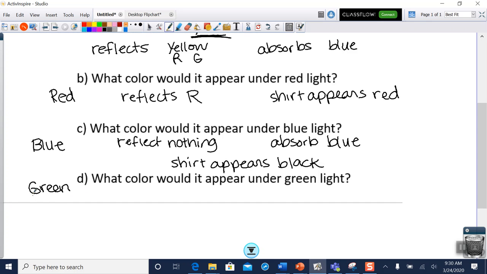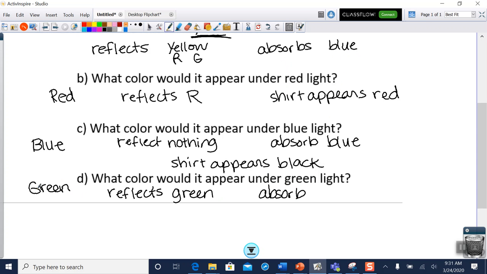Under a green light. Okay, so now we're in a dark room. We have a green spotlight on our yellow shirt. Go to your rule. What does the pigment in the yellow shirt do with green light? Okay, so no red in the room, so it's not going to reflect red. We do have green because we have a green spotlight, so it's going to reflect the green. What does it absorb? This dye only absorbs blue.